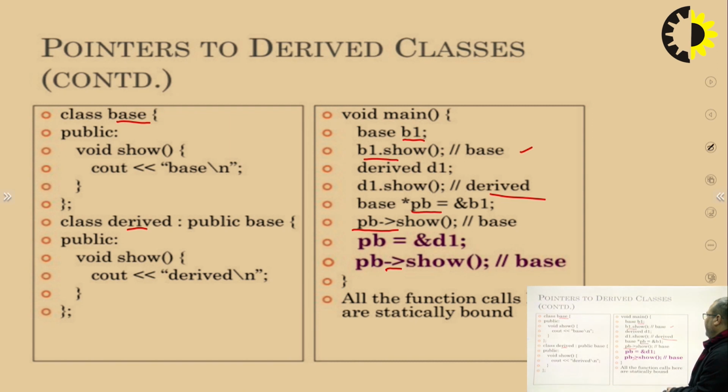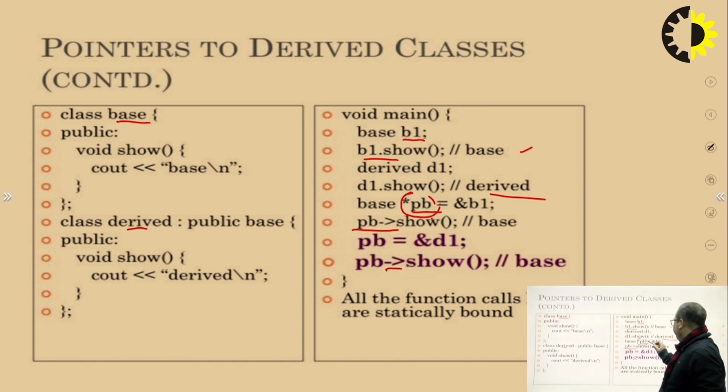Okay, so pointer to derived class. This is a pointer to the base class, and similarly we can make a pointer to the derived class. We can even create Derived asterisk PD, assign it the address of a derived object, and do it like that. But a pointer to a base class has the capability to store the address of its subclass or derived class.